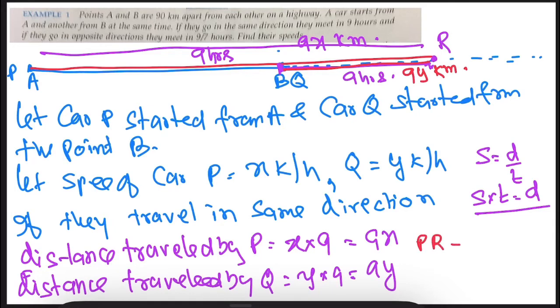PQ equals AB. So PQ equals 90 kilometers. Got it?